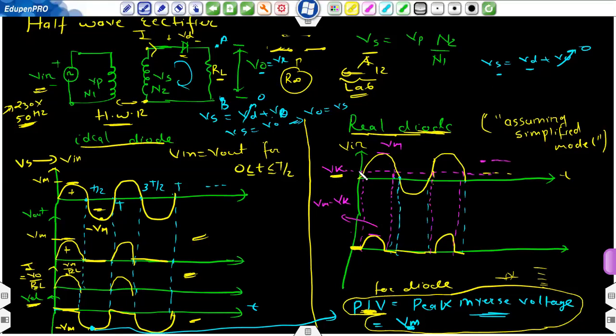And when it reaches Vk, your diode will be in on state. After that, we will replace it with a voltage source, plus minus Vk. In place of Vd, I will write minus Vk. So V naught is Vs minus Vk.